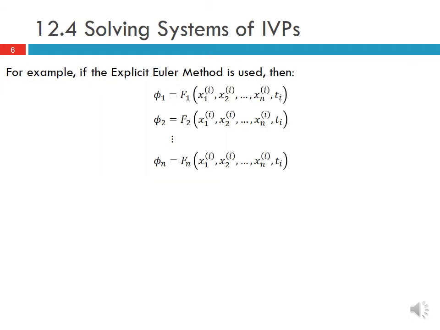For example, if the explicit Euler method is used, then the phi's, phi1 through phin, are given as shown here. So the functions are functions of x1, x2 up to xn and t, all evaluated at the step i.